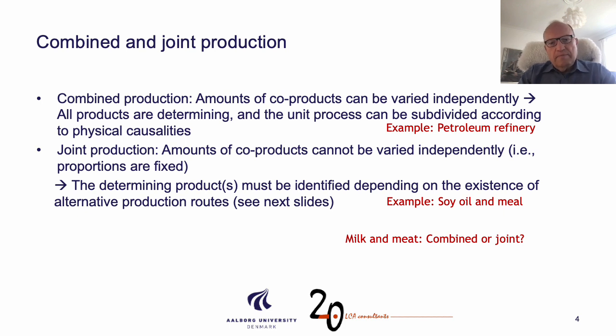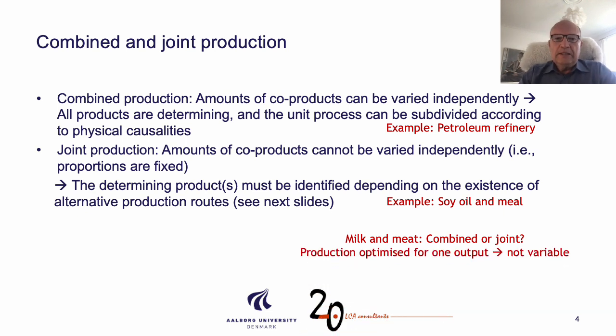With milk and meat, you can ask the same question: is it combined or joint? Because milk and meat outputs may be varied within some possible ranges depending on how you're feeding your animals and so on, one could argue that it is a combined production.